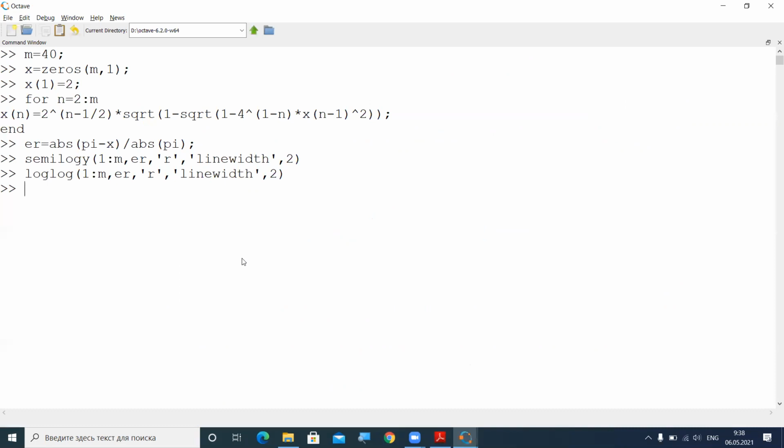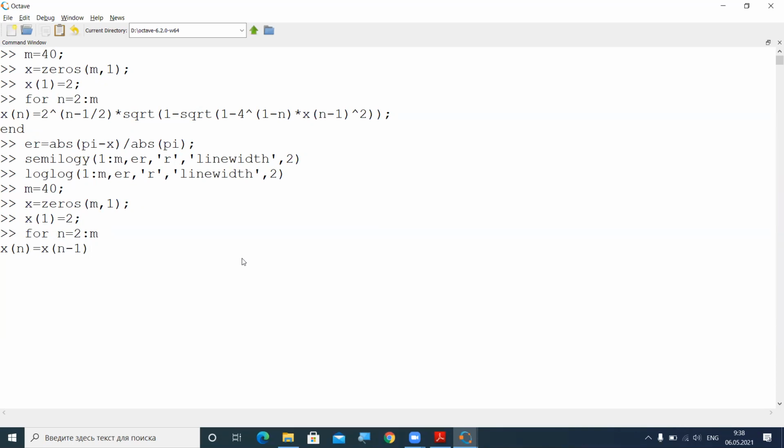Now just try to write the expression for it. So again, m is 40, and we have the x vector. We have the starting value here, and let's open the loop again and write the new xn now. It equals, now I will write the ready one, and then we'll explain, xn minus 1.